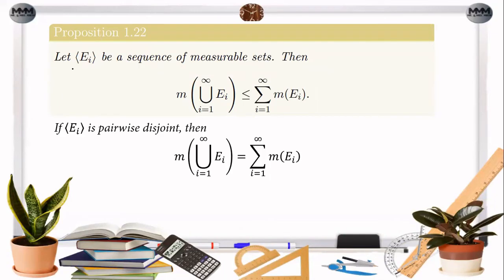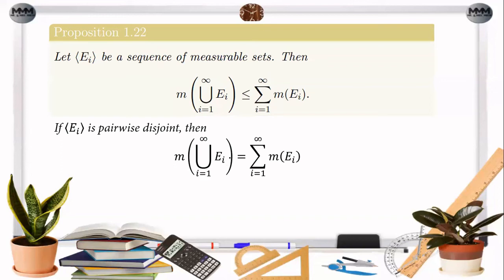It states that if E sub I is a sequence of measurable sets, then the Lebesgue measure of the union of the measurable sets E sub I is less than or equal to the summation of the Lebesgue measure of each measurable set E sub I. And if this sequence of measurable sets E sub I is pairwise disjoint, then the equality holds.